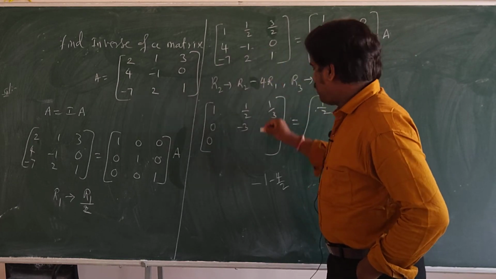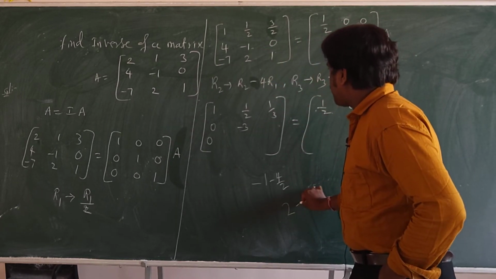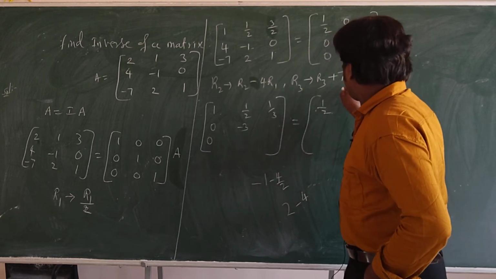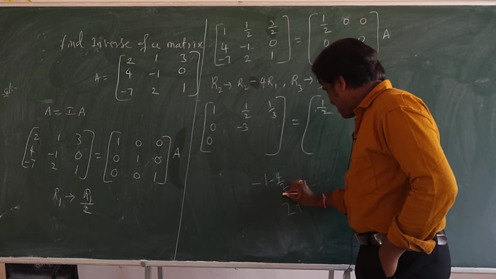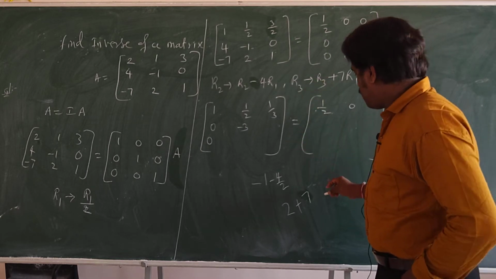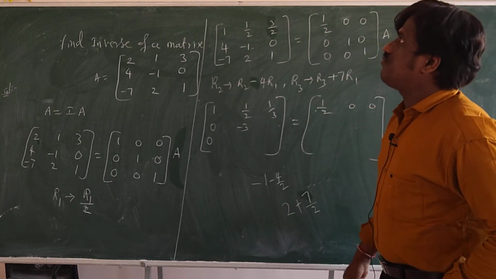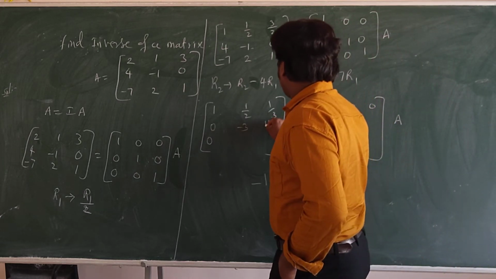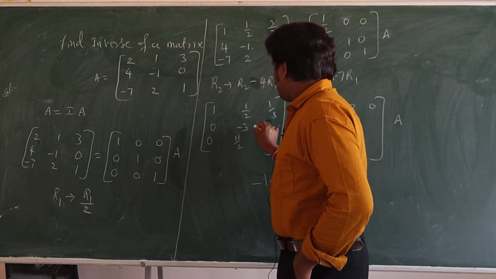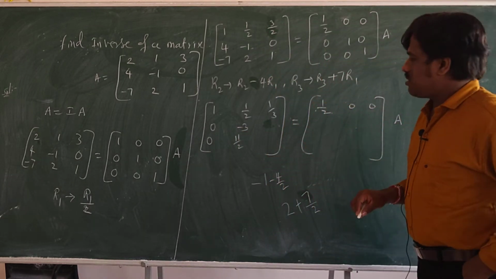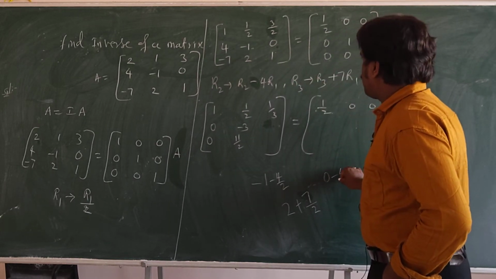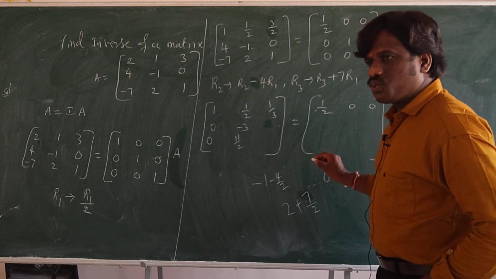Next one, 2, na? 2 minus 4. That is the third row. Plus 7 R1, which is 1 by 2. So 2, 11 by 2. Now this one: 0 minus 4 into 1 by 2, so minus 2.